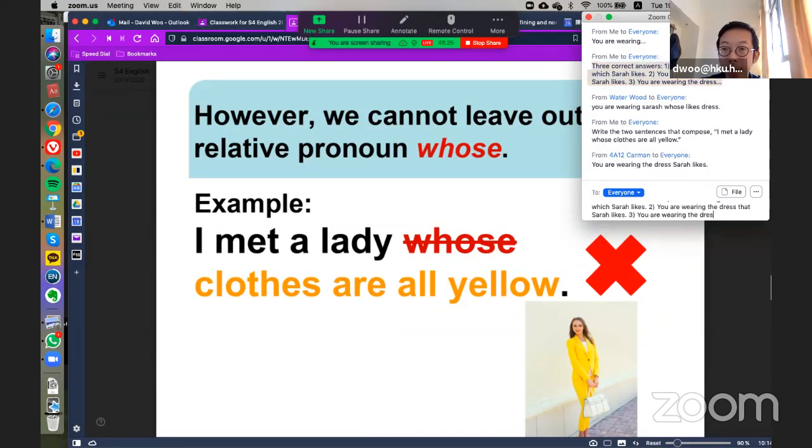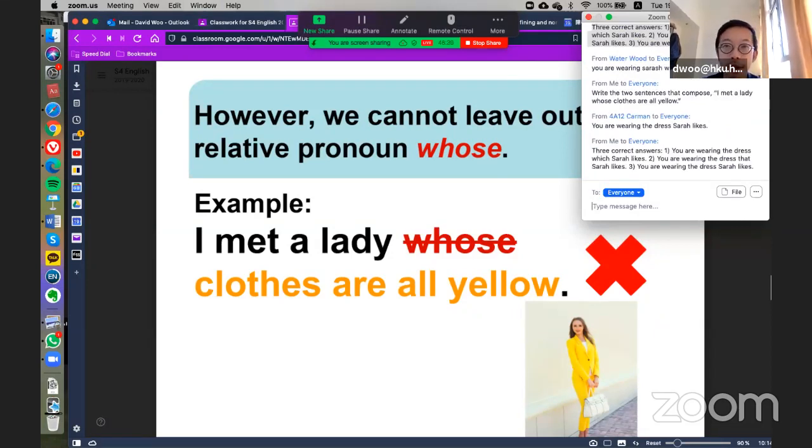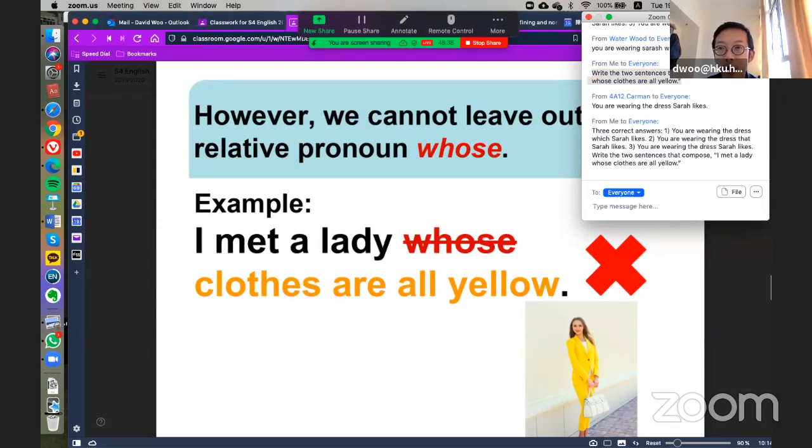Dress Sarah likes. Nice job. Perfect. Okay, great, Carmen. Now let's go to this task. So write the two sentences that compose I met a lady whose clothes are all yellow. What two sentences do we combine?